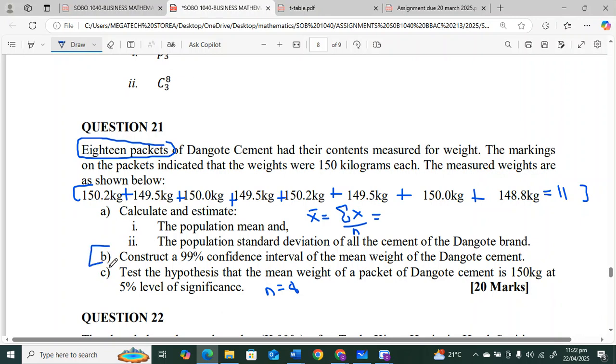Part B. Construct a 99% confidence interval of the mean weight of the Dangote cement. Colleagues, what is a confidence interval?